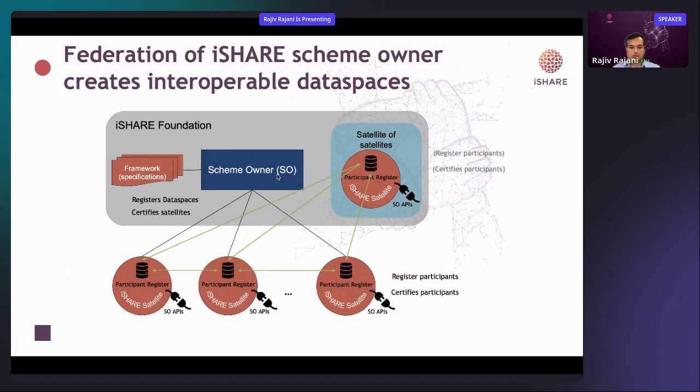The iShare satellite within your data space registers you as a participant, and as soon as you are registered by one satellite, you are immediately available in all other data spaces, because you are registered in a shared ledger. So that brings the interoperable trust element across the data spaces at a very basic level.